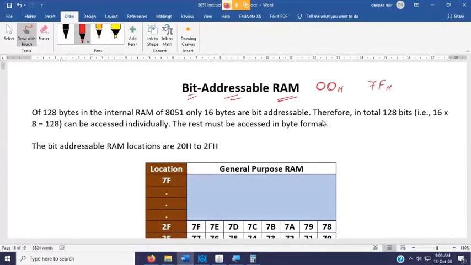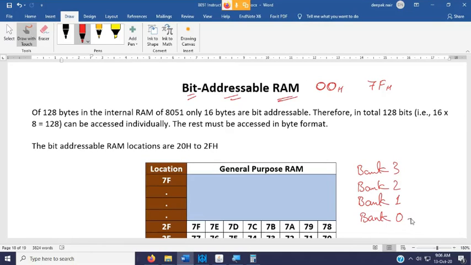Remember, there are banks in this particular range, where we have bank 0, bank 1, bank 2, and bank 3. All these are there in this particular range.